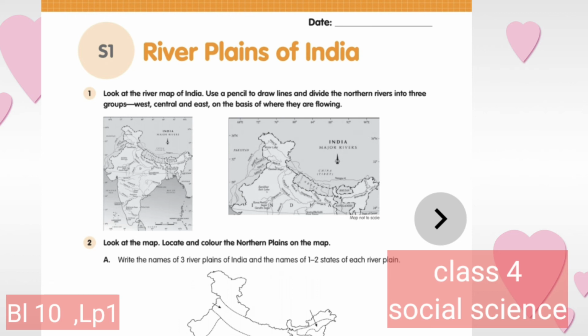Use a pencil to draw a line and divide the northern rivers into three groups: west, central, east, on the basis of where they are flowing. Okay, now you can divide these rivers into three: west, Satluj, east, Brahmaputra, and center, Ganga.